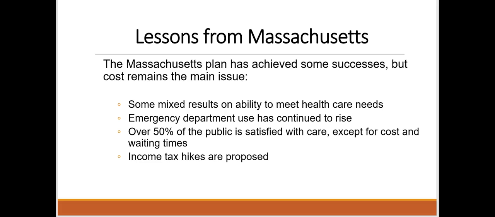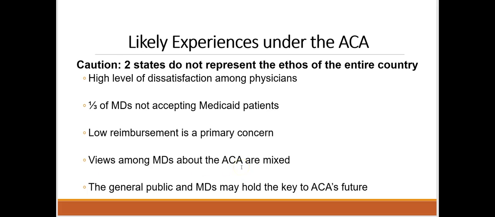All right, so now I'm going to jump to slide number 26 and just briefly discuss the likely experiences under the Affordable Care Act. So we have this caveat where one state does not represent the ethos of the entire country. Unlike Massachusetts, a significant number of Americans and physicians in particular have been against the Affordable Care Act.